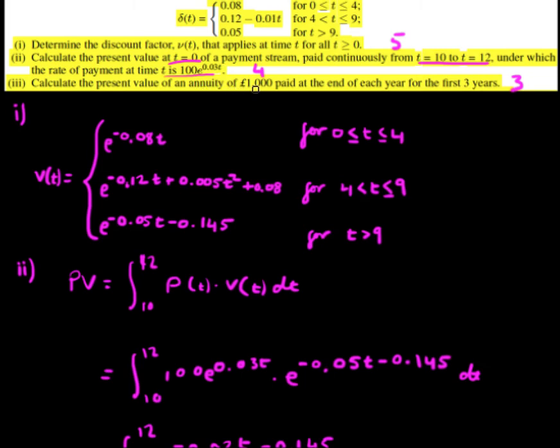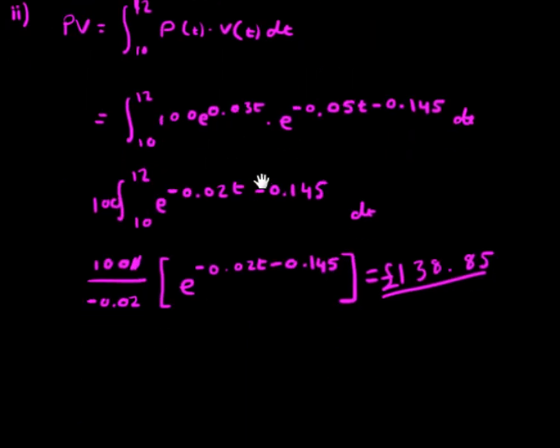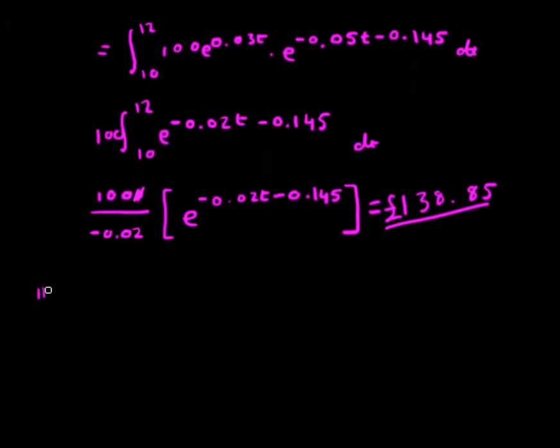Calculate the present value of an annuity of £1,000 paid at the end of each year for the first 3 years. So that's just a regular annuity, except we're using this over here. So let's remember that, e to the negative 0.08, because we're within the time frame of 0 and 4. Okay, so I'll just do that further down.